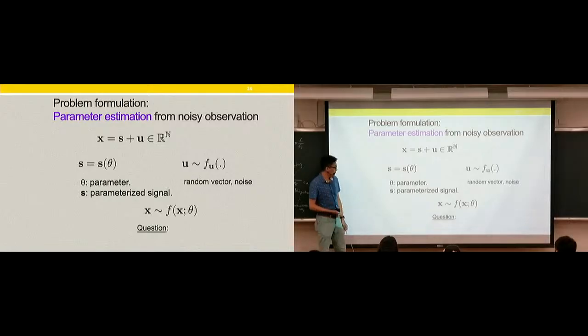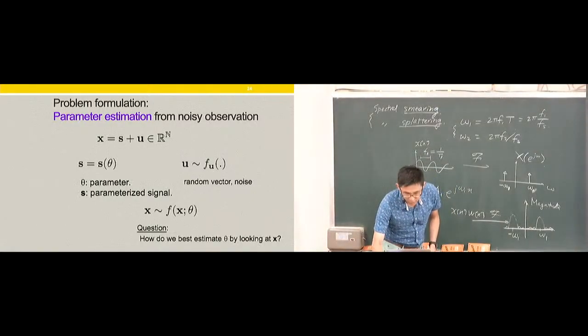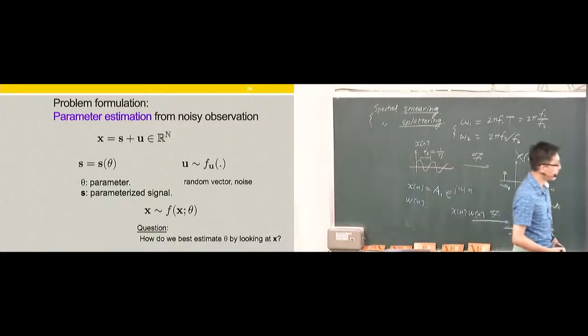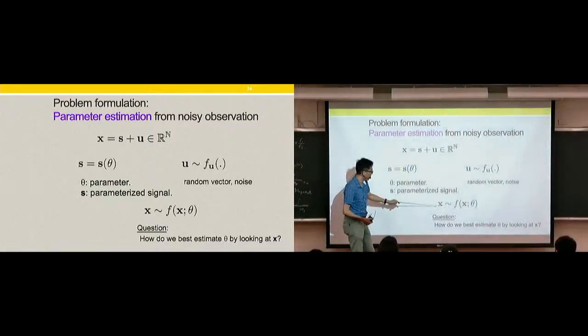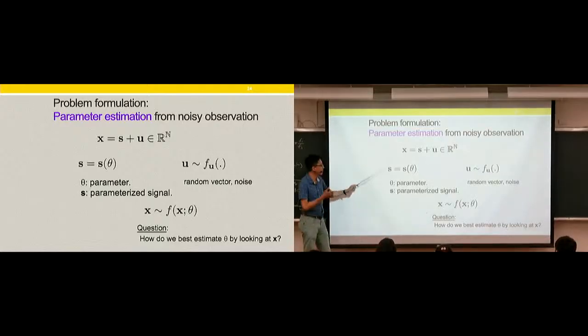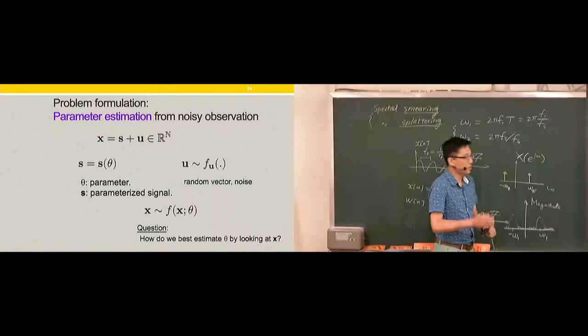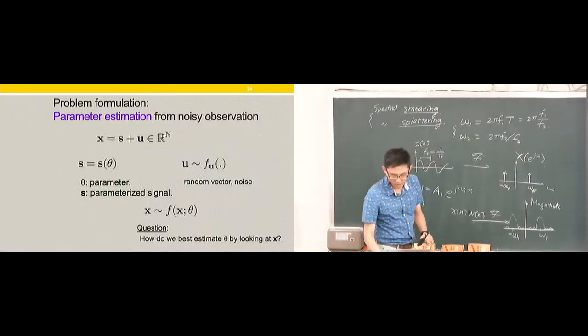Okay? So if you bear with me for now, the question is then, how do we best estimate theta by looking at X? Each time you are given an instance of X, such as a finite length signal, n-dimensional, random, there's noise in it.